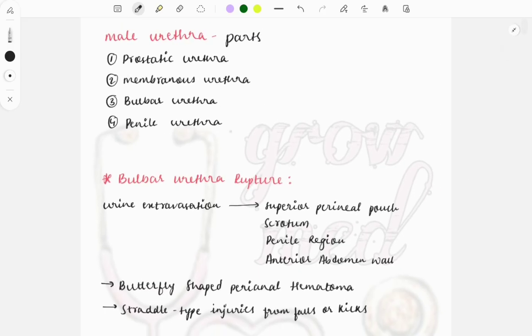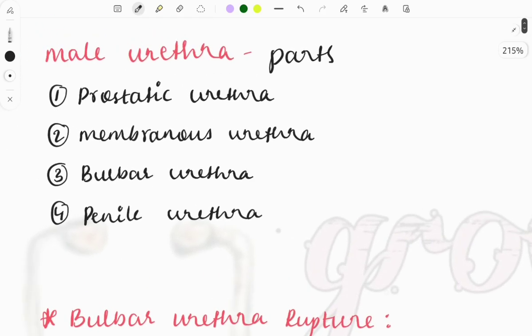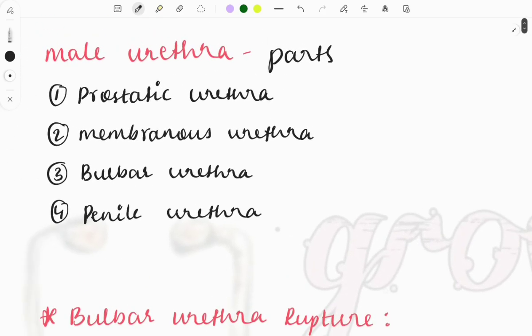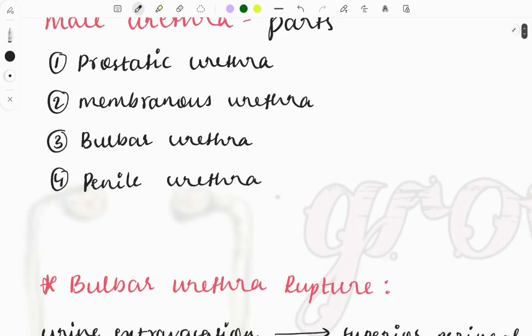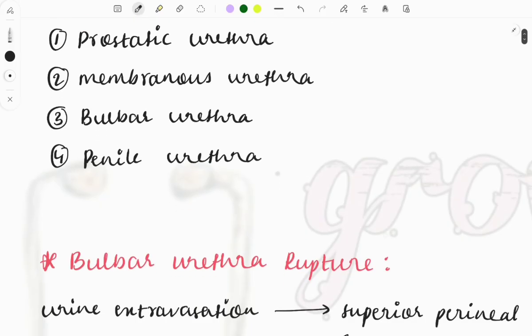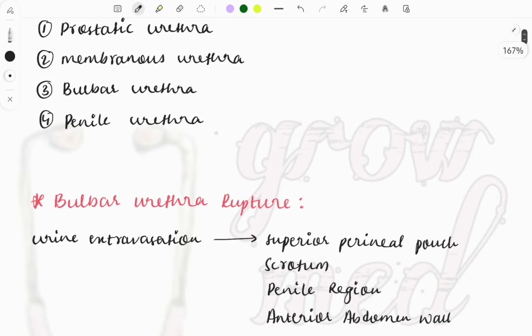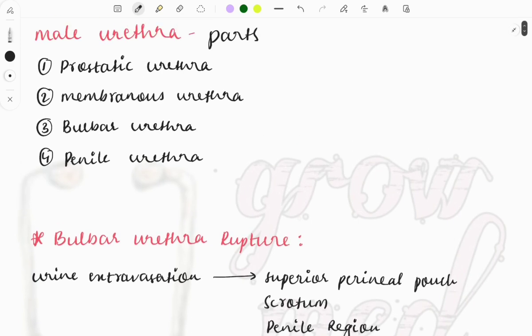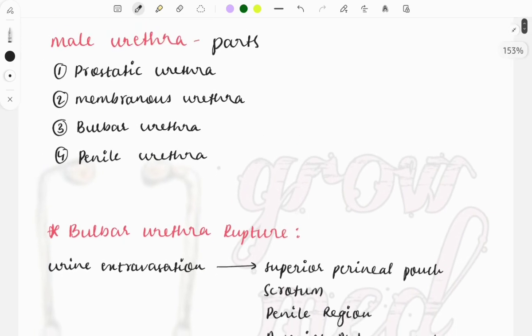First we'll discuss the male urethra. The male urethra is classified into four parts: the prostatic urethra, membranous urethra, bulbar urethra, and the penile urethra. It is usually classified into the anterior part and the posterior part.